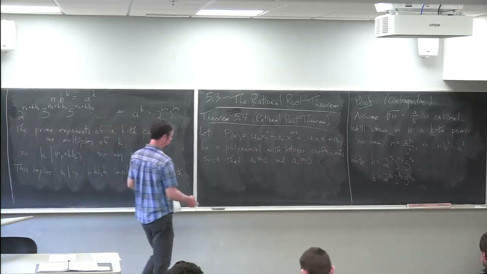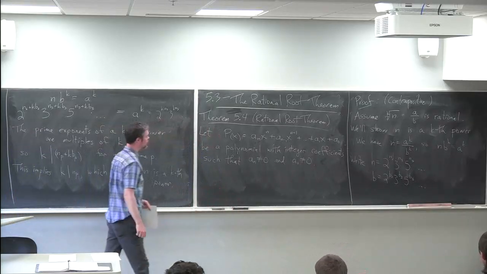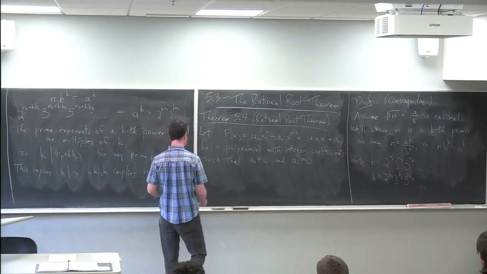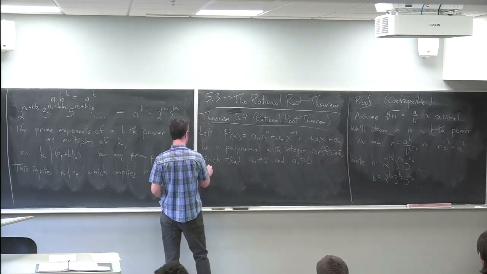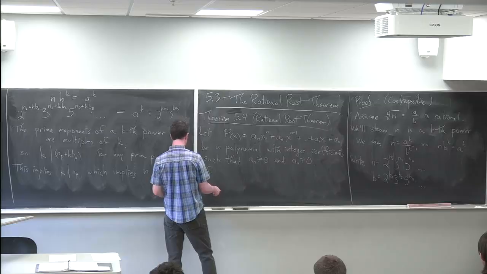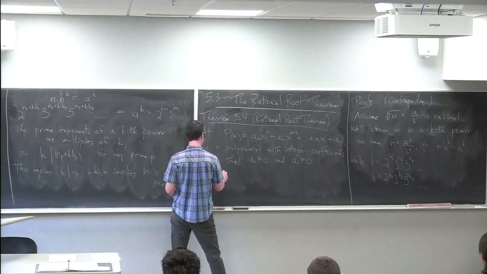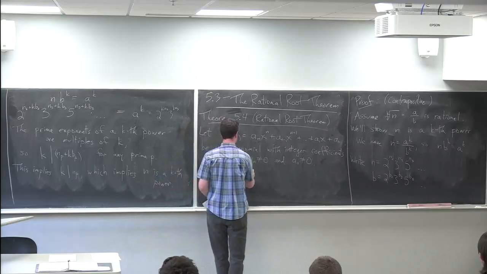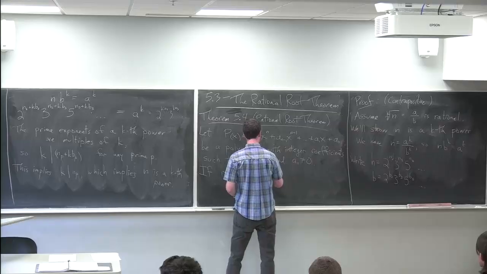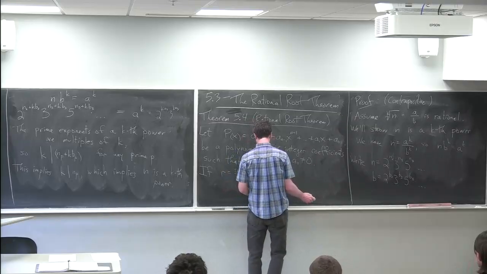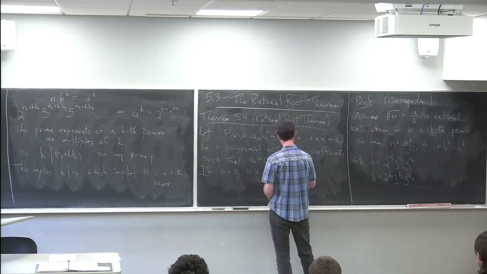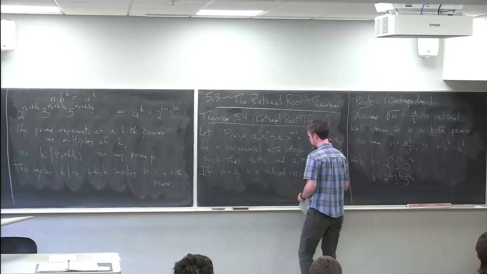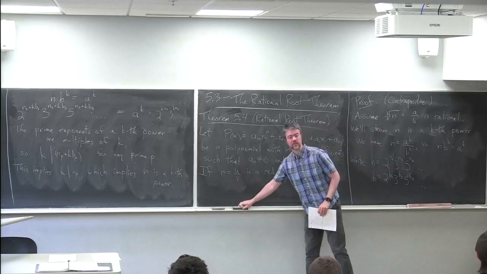Anyway, we didn't get to the theorem statement yet. It's about what possible rational roots could exist. The assumption is that we have a rational root of this polynomial. So if r equals u over v, a reduced rational number, that means fractions reduced, so the GCD of u and v is 1.